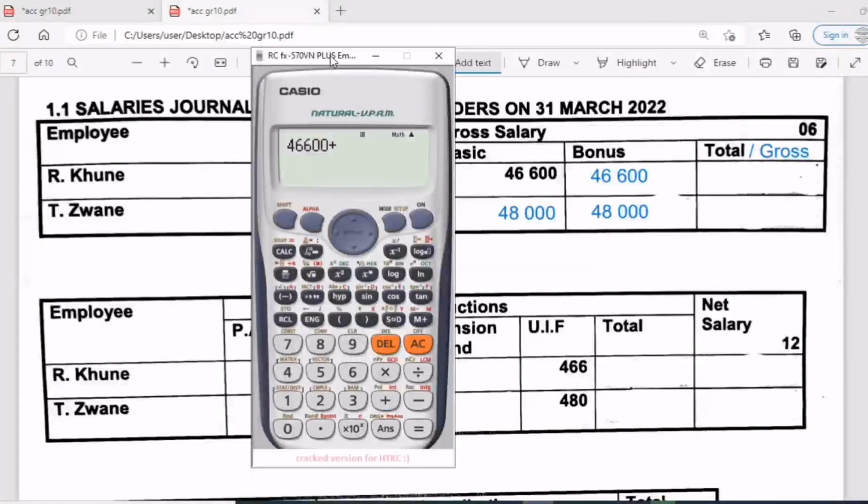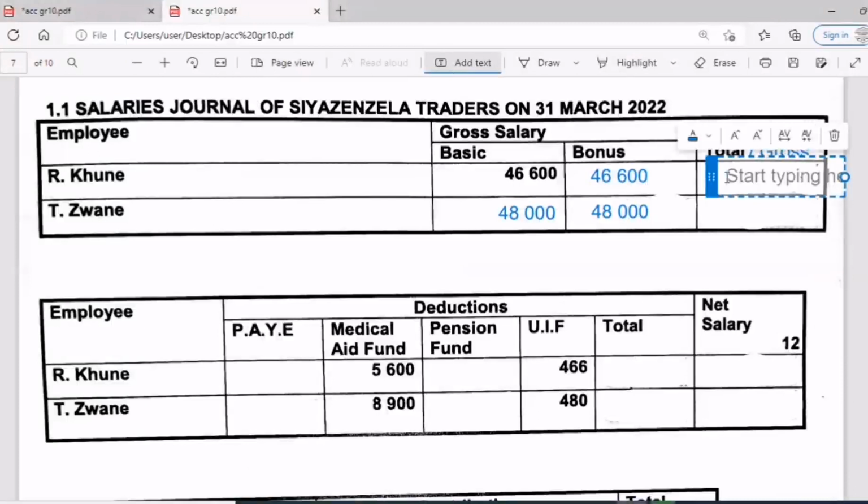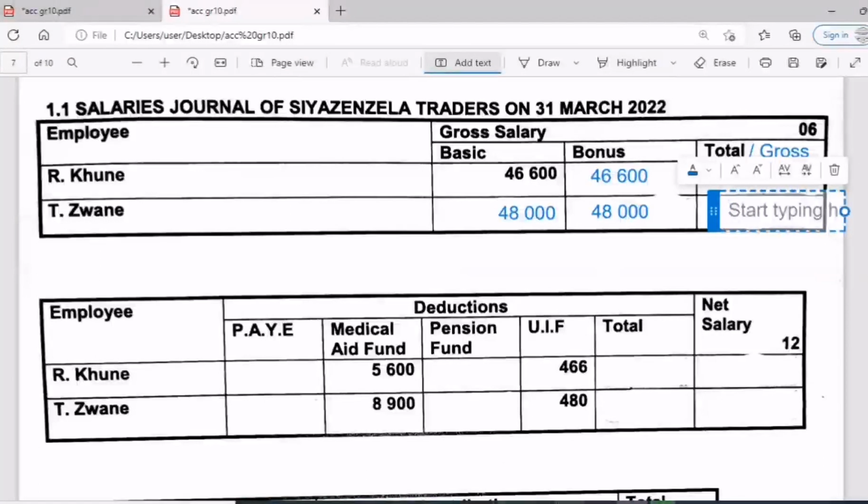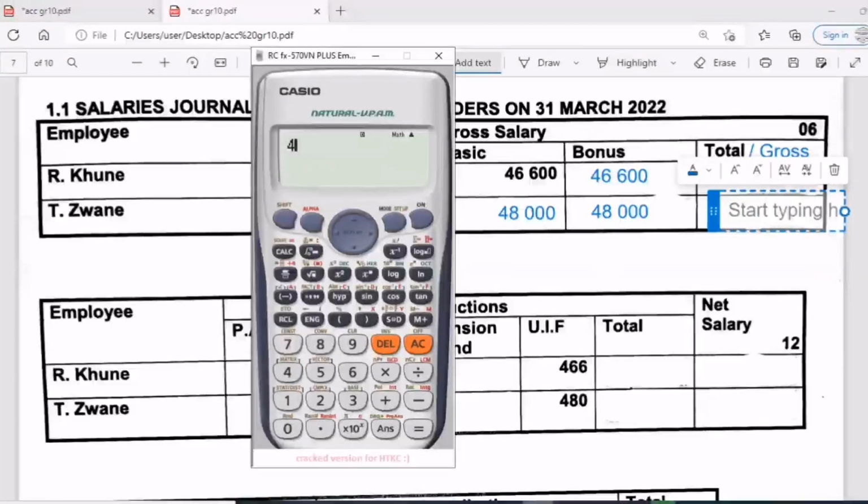46,600 plus 46,600. So that gives us the gross salary of 93,200. And for Zwane, 48,000 plus 48,000.